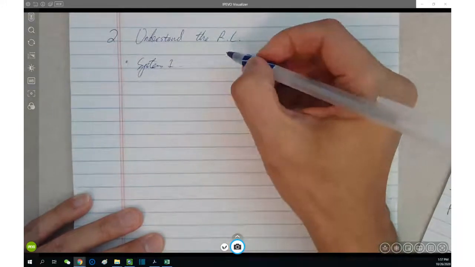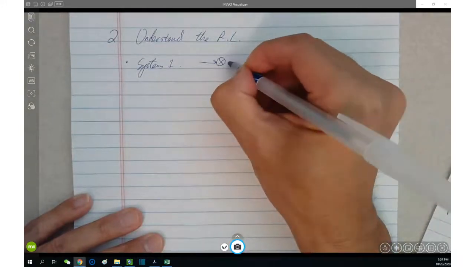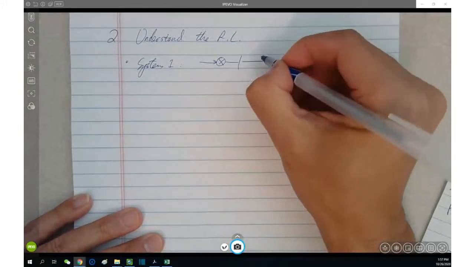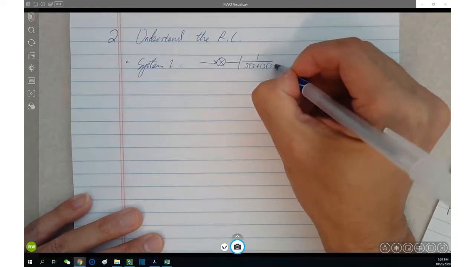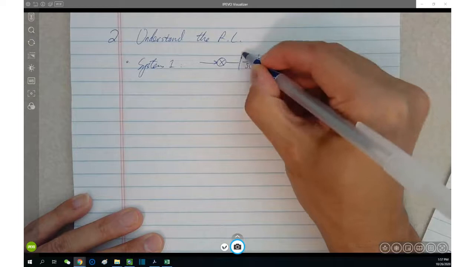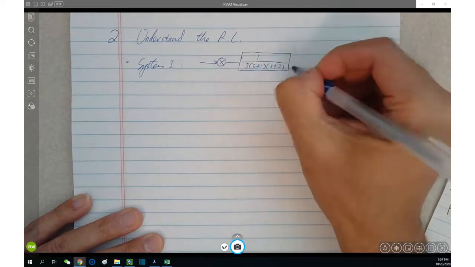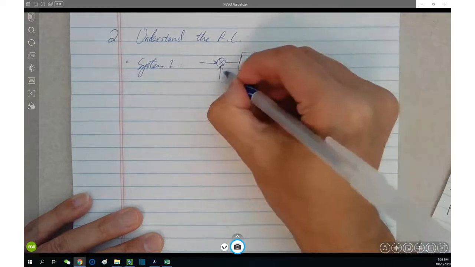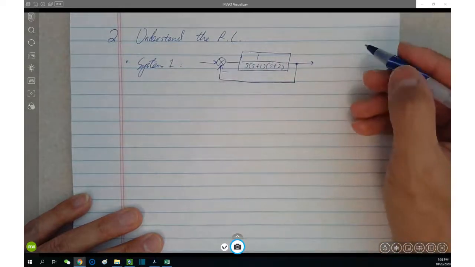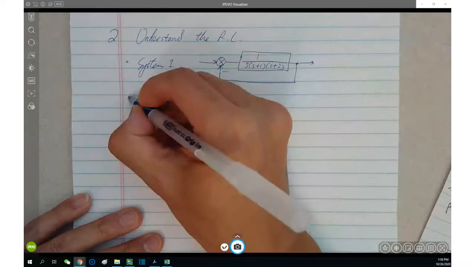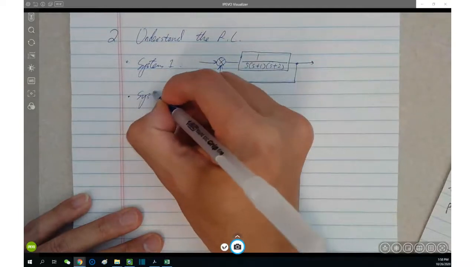First, the system we have, and the second system.